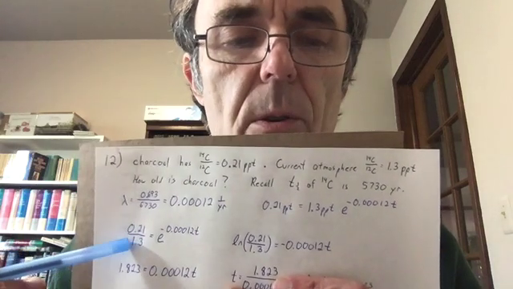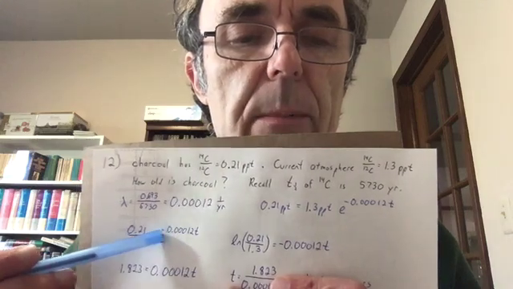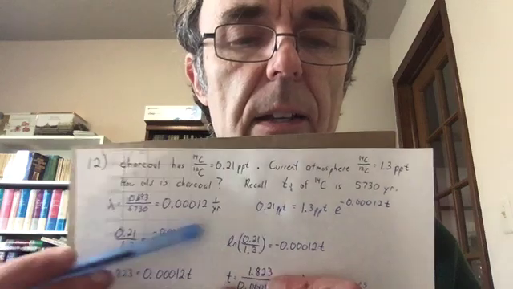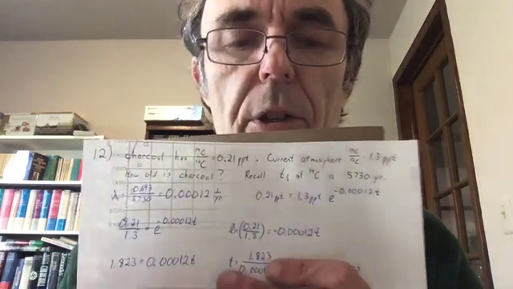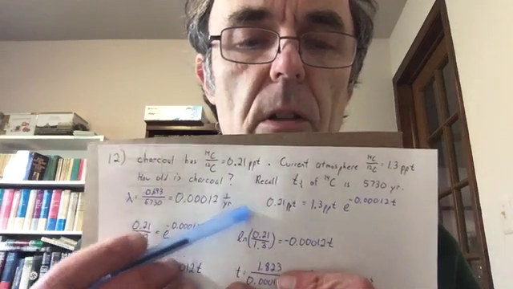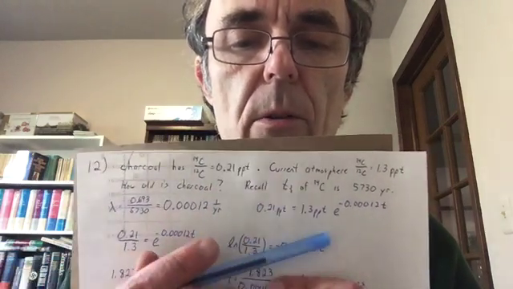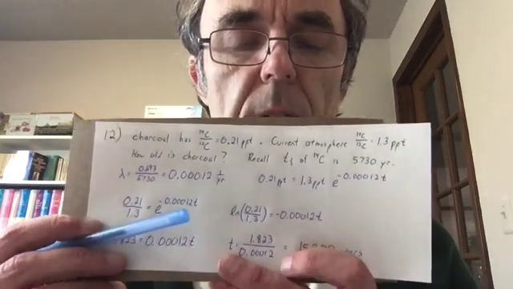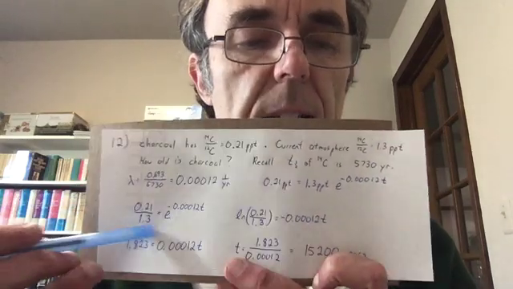Now, you take the natural log of both sides. When you take the natural log of this side, it gets rid of the exponential because they're inverse functions of each other. The natural log of this side is going to be the log of 0.21 over 1.3. And again, make sure you know on your calculator how to do natural logs. And you're just left with what was in the exponent, minus 0.00012t. This number is less than 1, and the natural log of any number less than 1 is itself negative, so the negative signs cancel out.